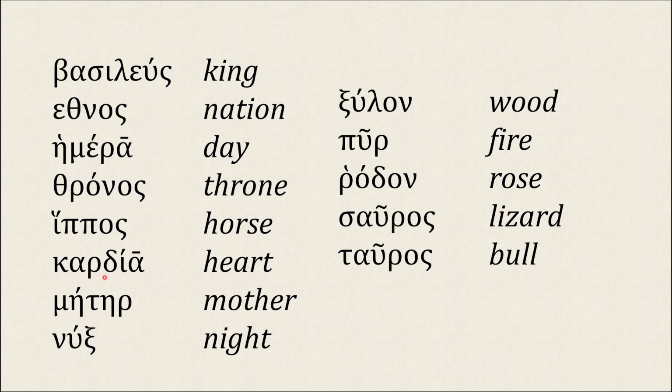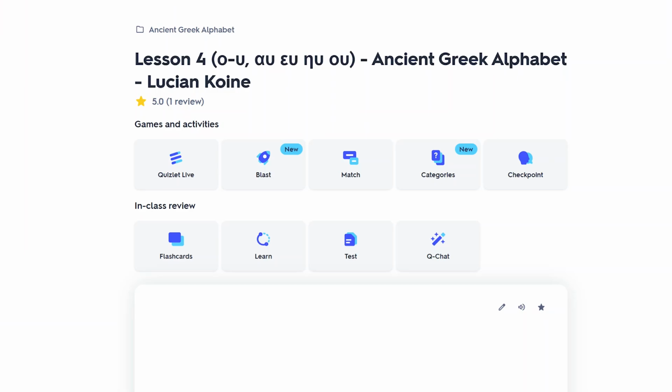Kardia. Meter. Nux. Xulon. Bur. Rodon. Sauros. Dauros. Well, that is all for today.